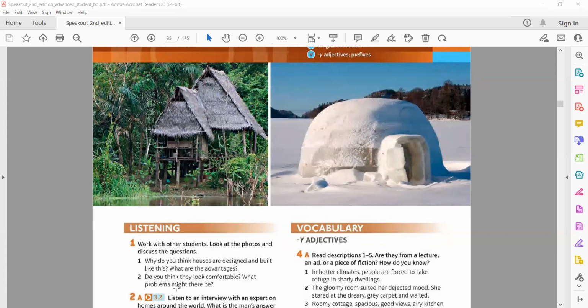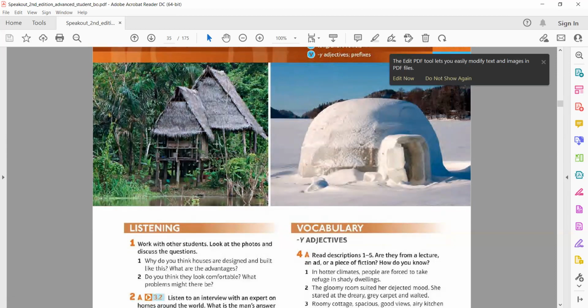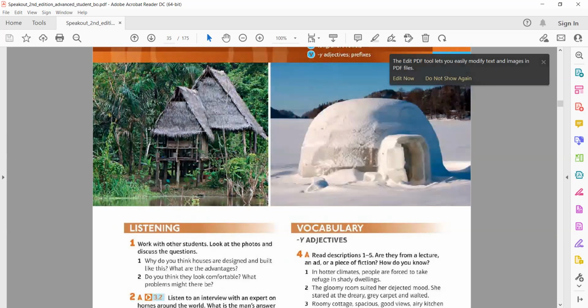And what are the advantages? Let's look at the first one, which is made out of wood, and the other one, which is made of snow. Why do you think they're built like this?